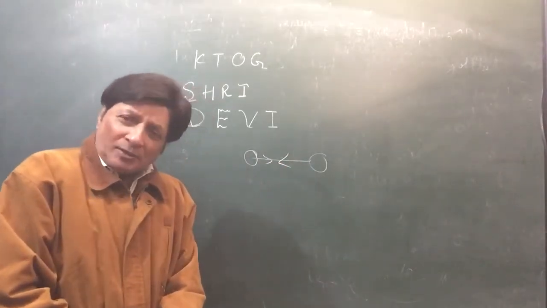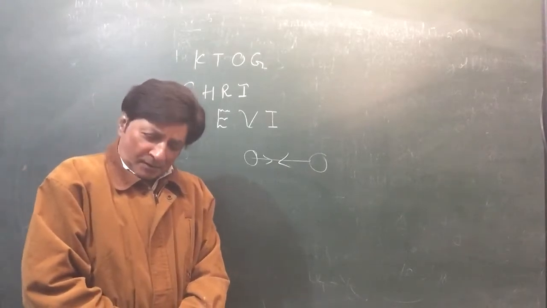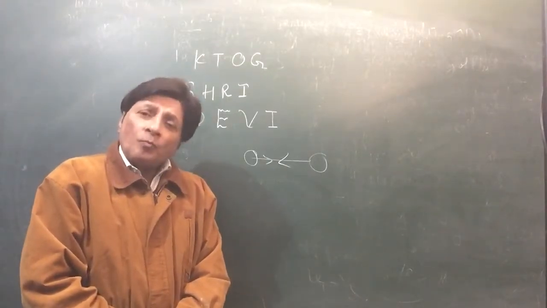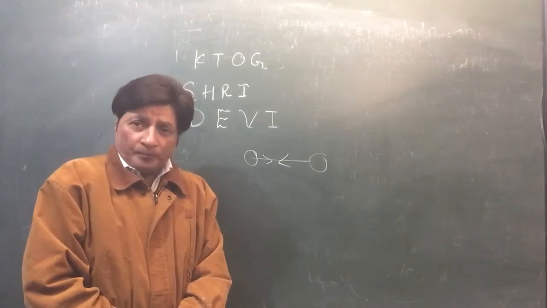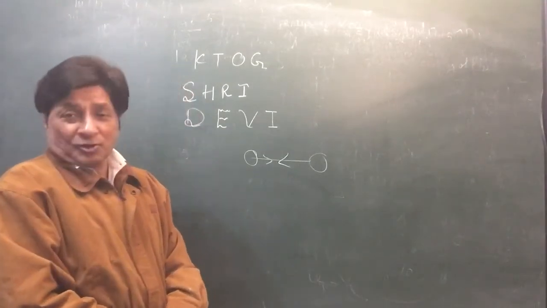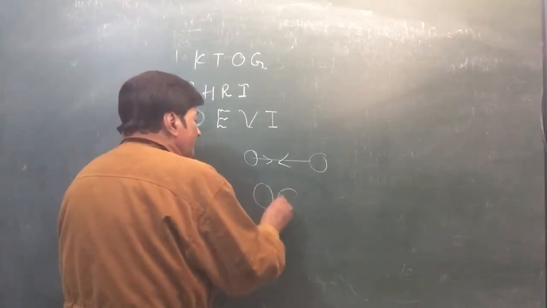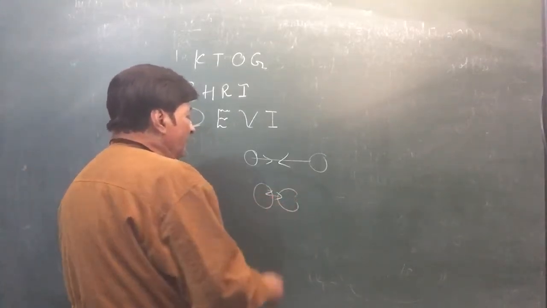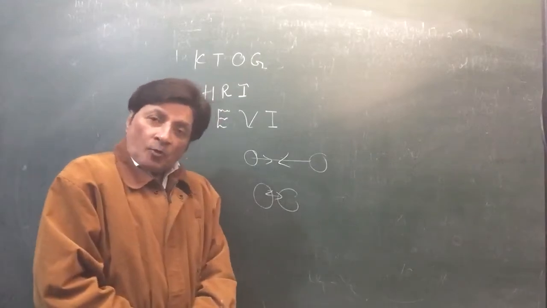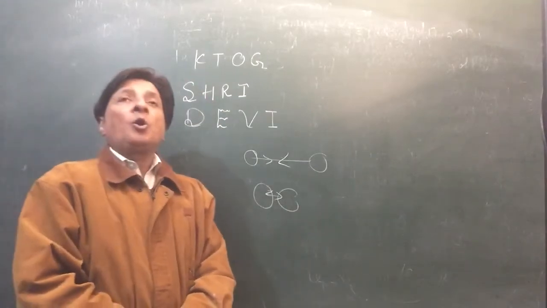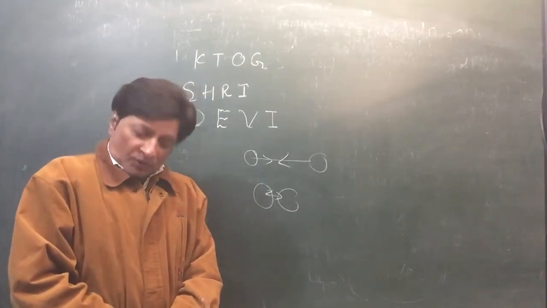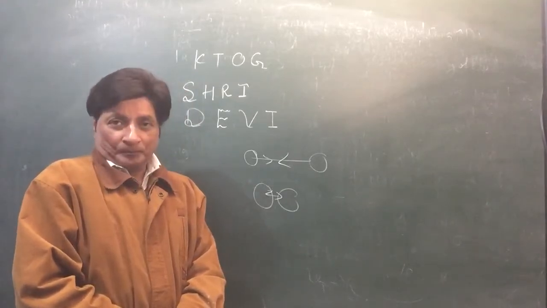You will put a question: is it true? I said no. Molecule has attraction. When they are very close to each other, the molecular attraction comes into play. When they are far away, the molecules of the gas have no attraction.